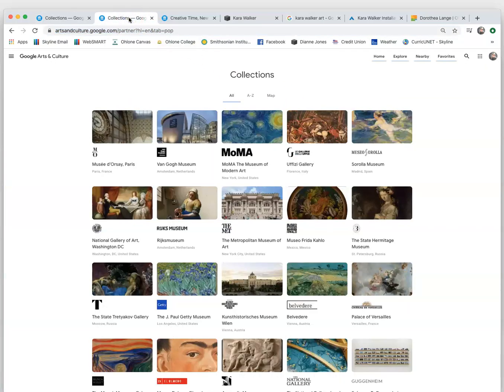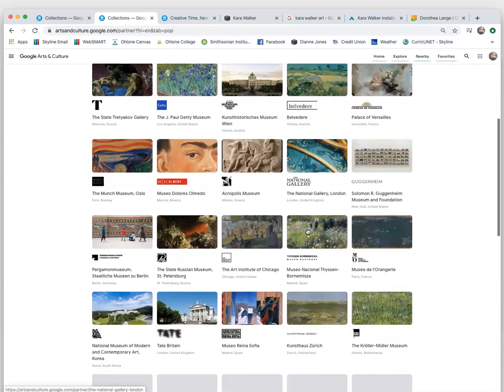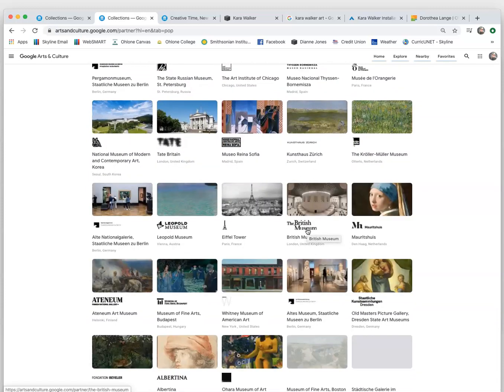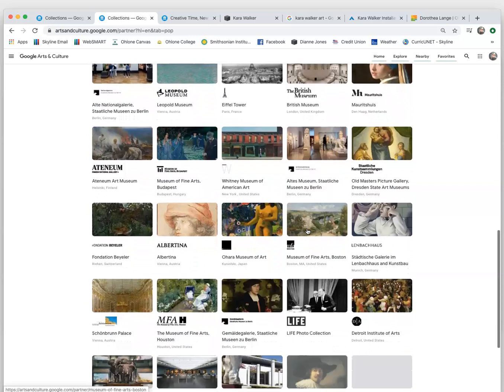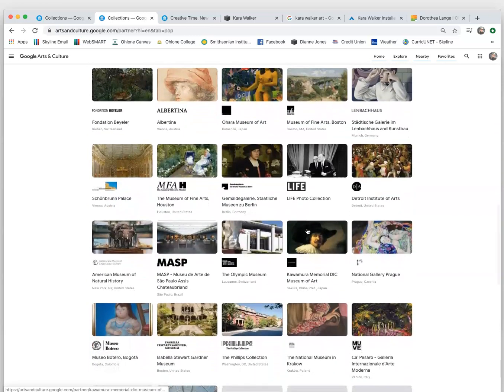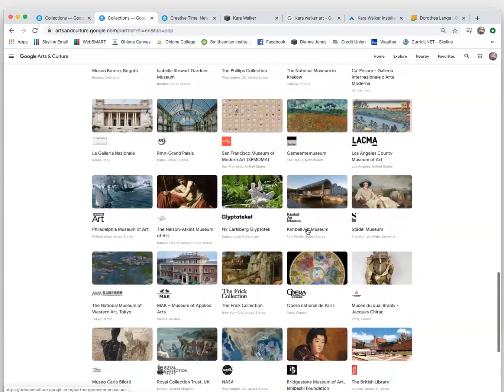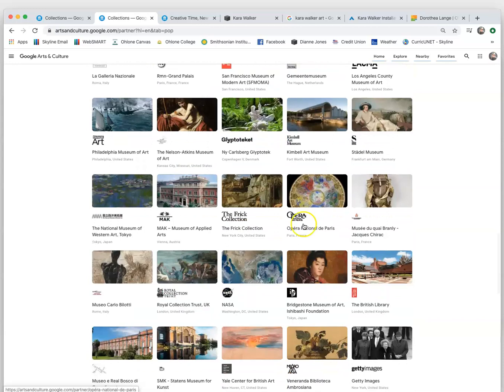Another way to view it, which for me was a little bit easier, was to go through this massive list. There are hundreds of spaces that they have collaborated with throughout the world to offer these online resources. Some of them are specific exhibitions, some of them are resources.